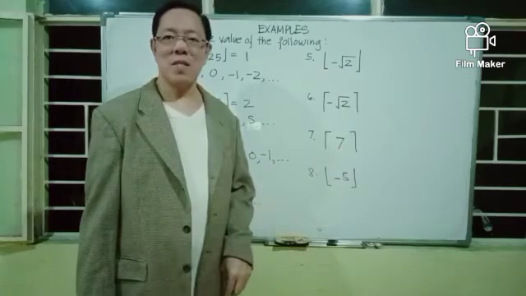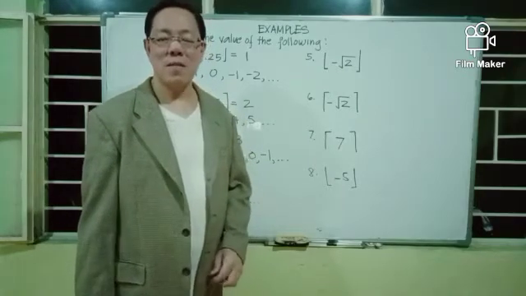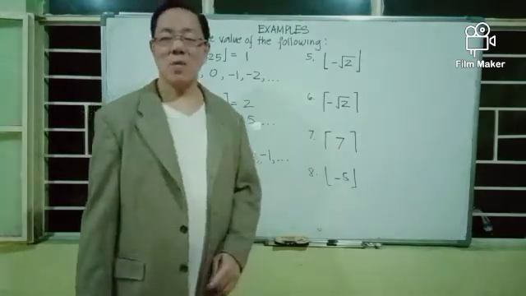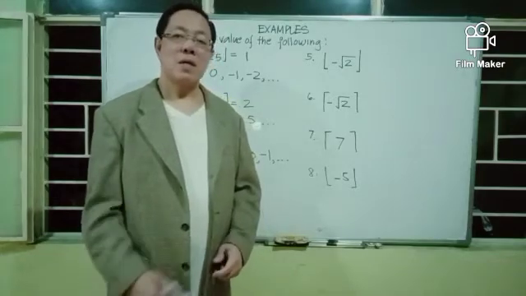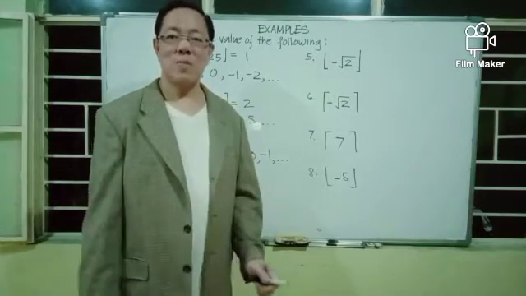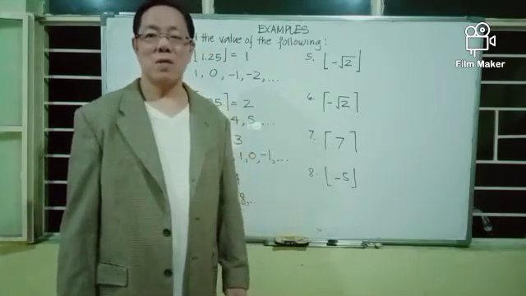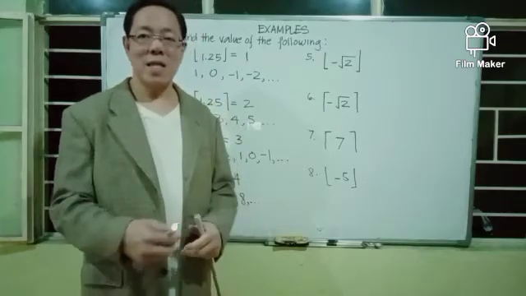And what are those integers that are less than or equal to negative square root of 2? Negative square root of 2 is negative 1.41. So we start with negative 2.